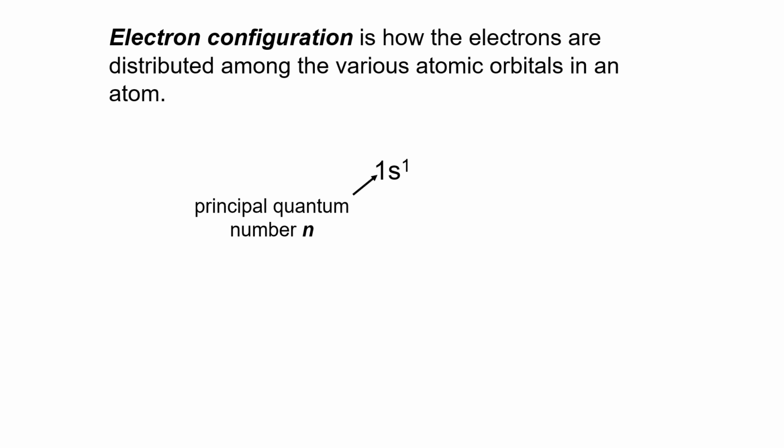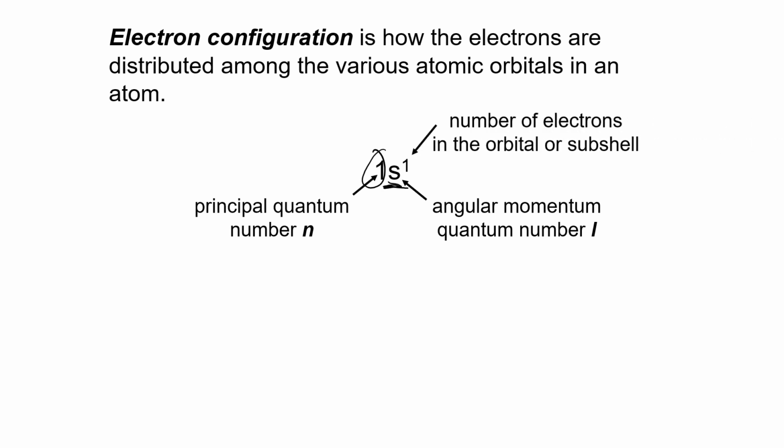So the electron configuration describes how the electrons are distributed among the orbitals in an atom. This is the principal quantum number. This is the subshell, which we also know now is the angular momentum, represented by a letter in the configuration rather than an integer in a set of quantum numbers.